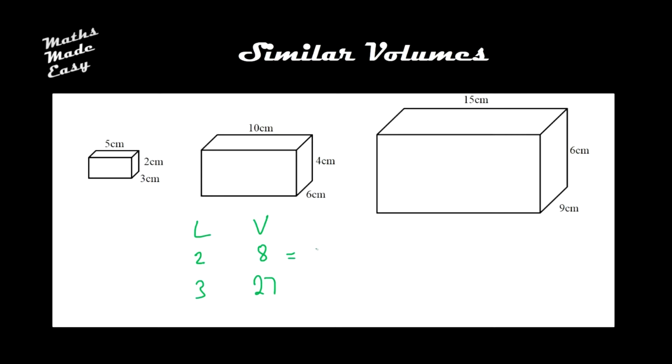Now it should be clear that 2 to the power 3 gives you 8, and 3 to the power 3 gives you 27. So to get the volume scale factor, you cube the length scale factor. So if I made the length scale factor 4 and times all of the lengths by 4, I would do 4 cubed, which gives 64. So the volume would be 64 times greater.